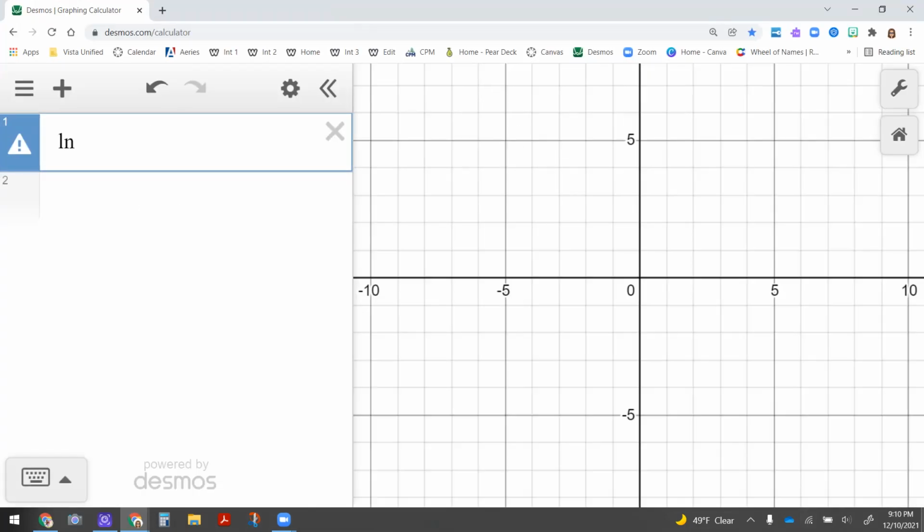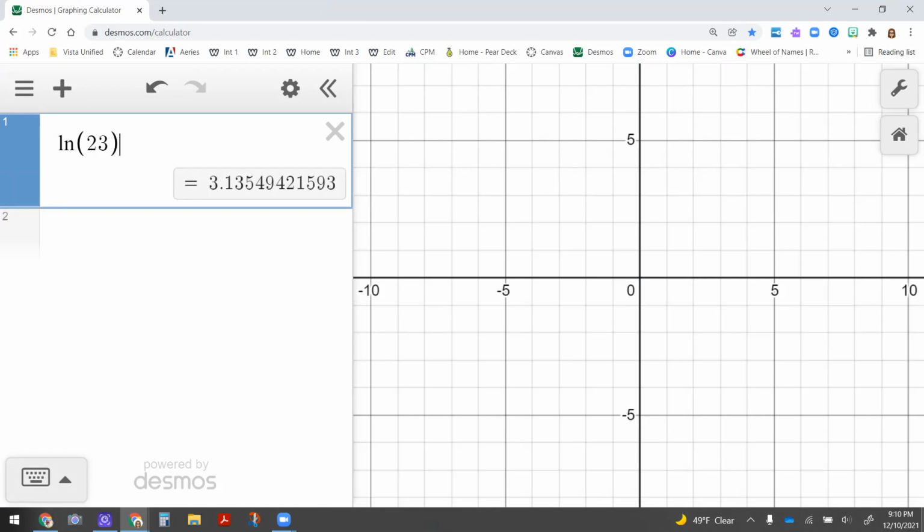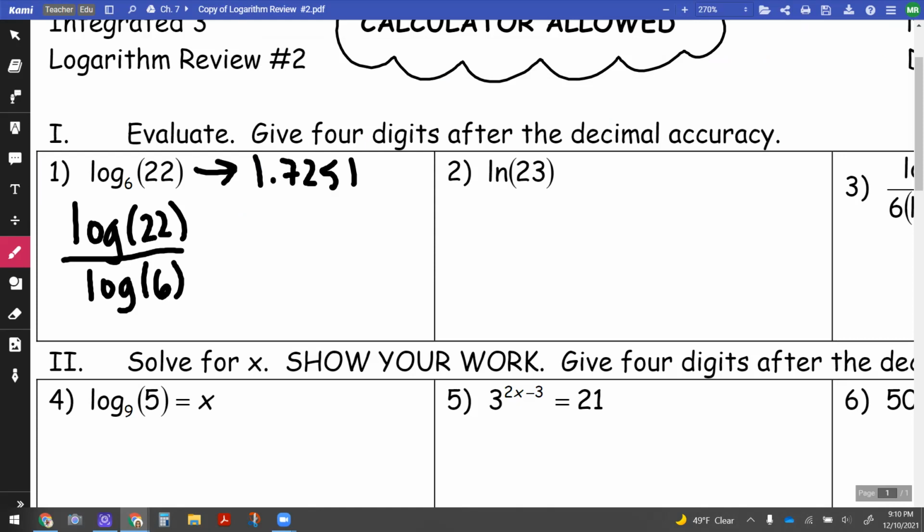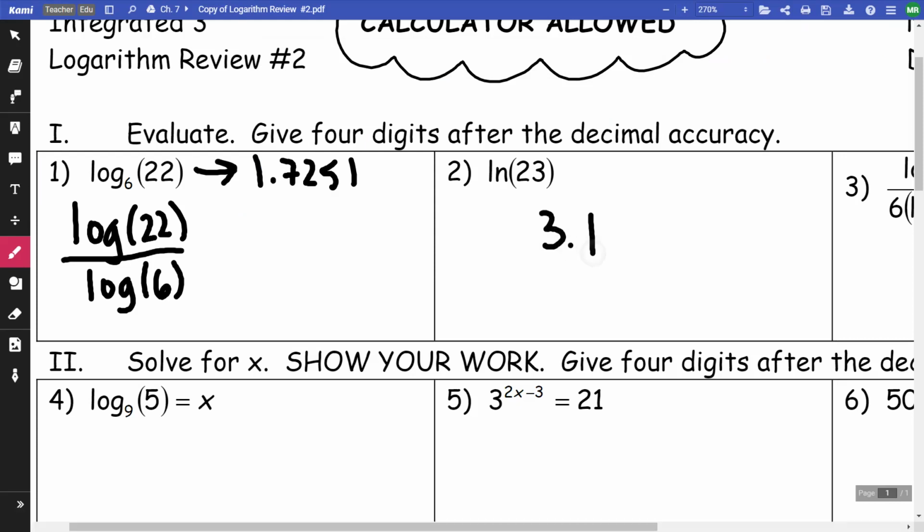Yeah, ln of 23. And I get 3.1355. So 3.1355.